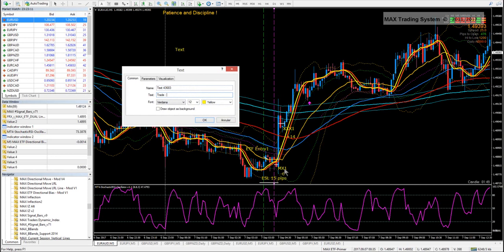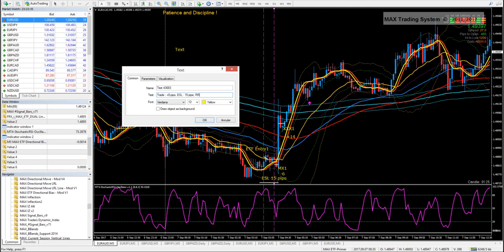Small differences may be due to spreads, to slippages, and to the speed at which you push the button to open and close your trade. So here, minus 6 plus 14, so plus 8 pips, with a stop loss of 15 pips.